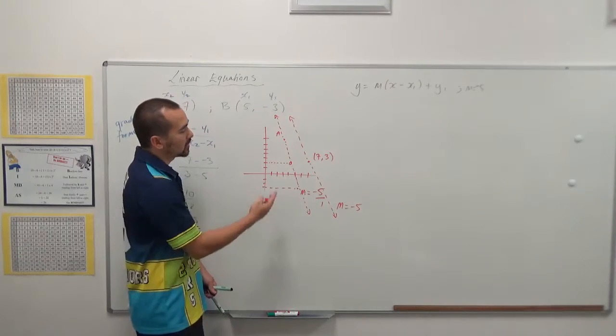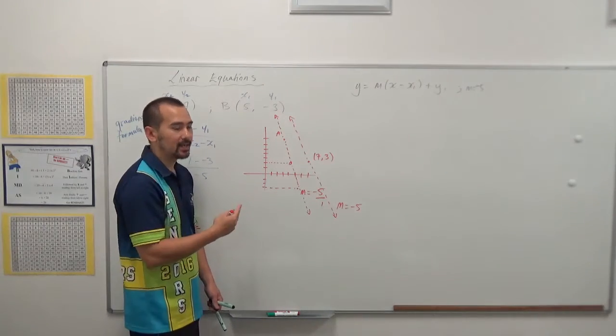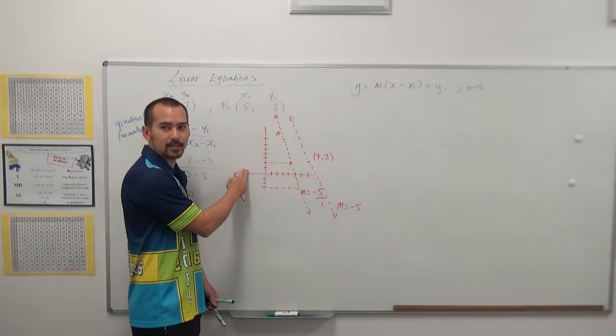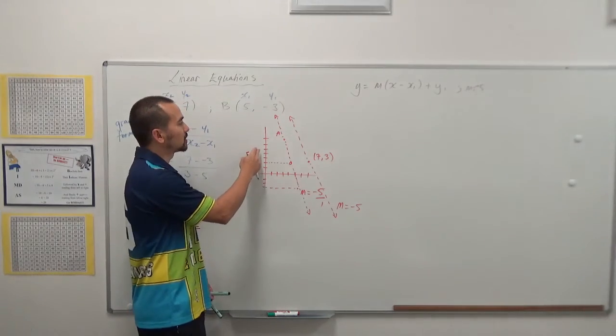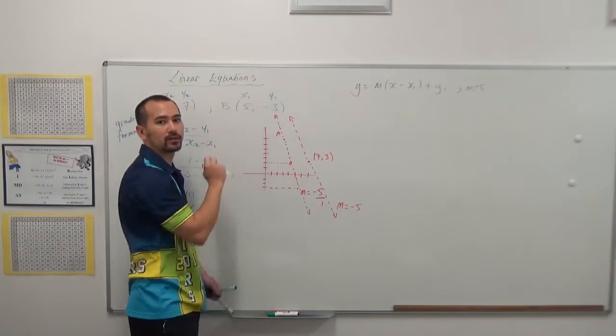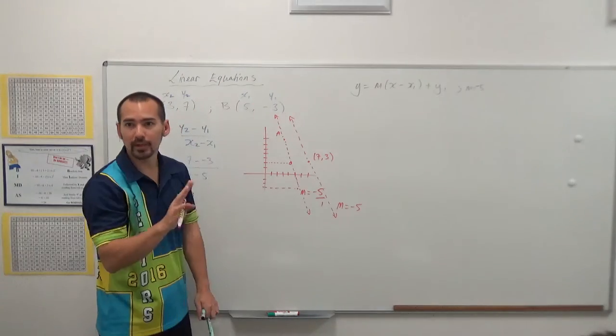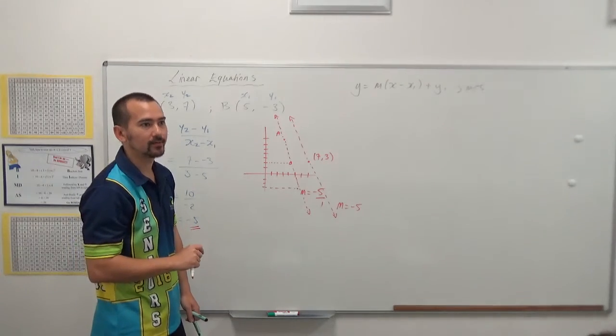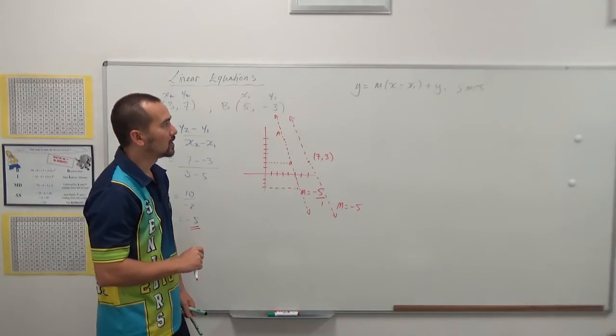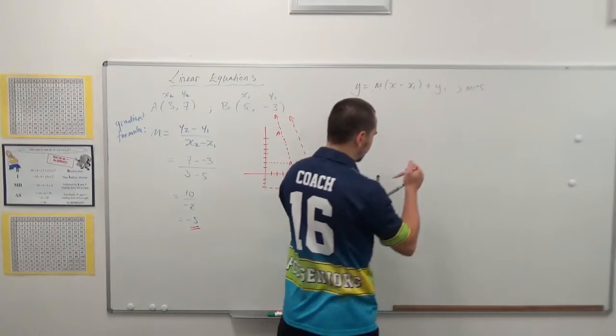Okay? And looking from the graph, we can tell that the y-intercept is going to be way up here somewhere, nice and high. So it could be perhaps 20, 25, might be a ballpark figure. Okay? So we've got the gradient.